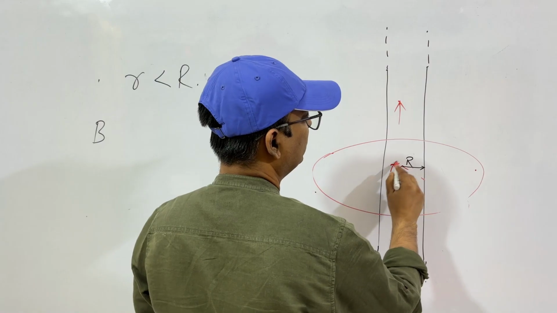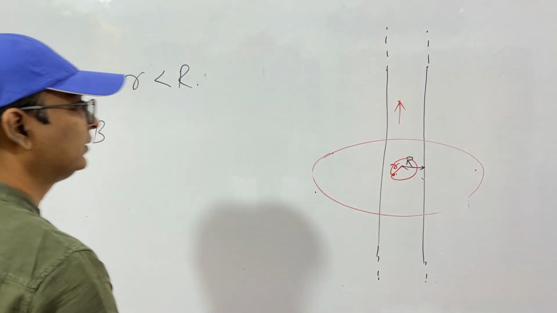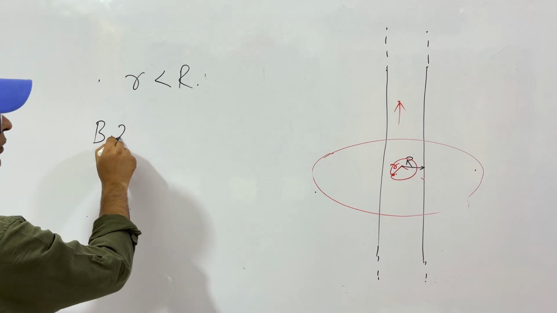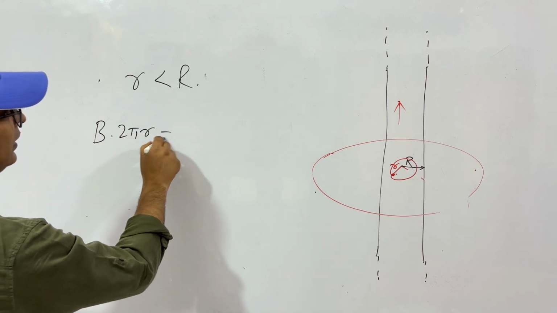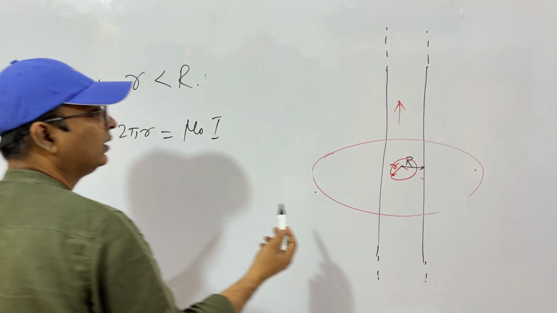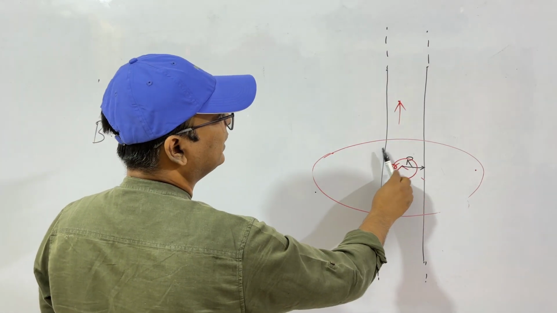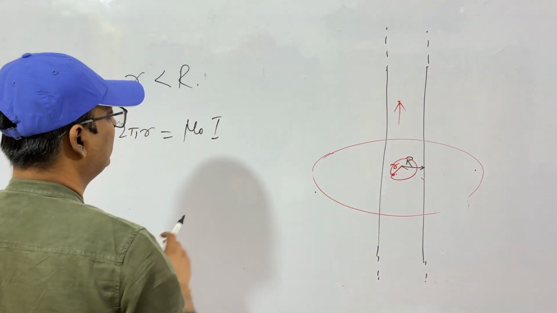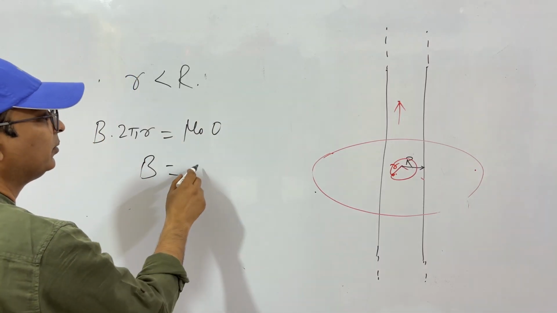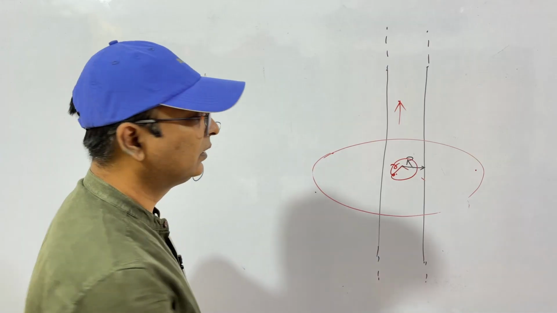We'll take an Amperian circle like that. So that will be B into 2 pi r equal to mu 0 times I enclosed, that is your current. But this is hollow, and current flows only on the surface, so I enclosed will be 0. So the strength of the magnetic field will be 0 inside a hollow wire.